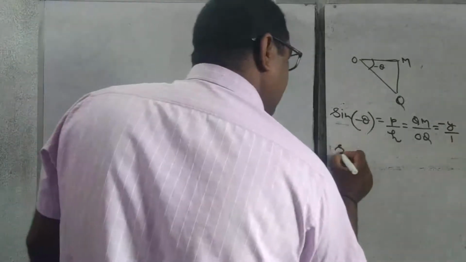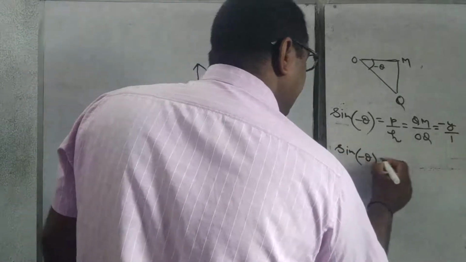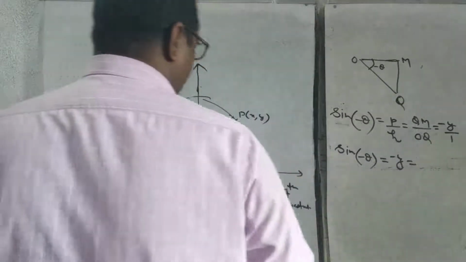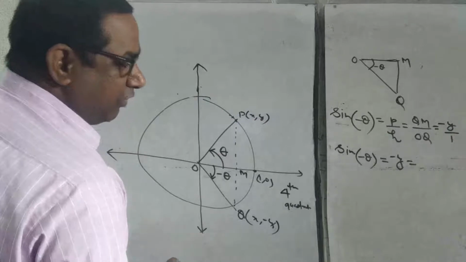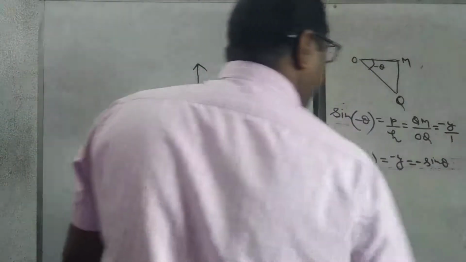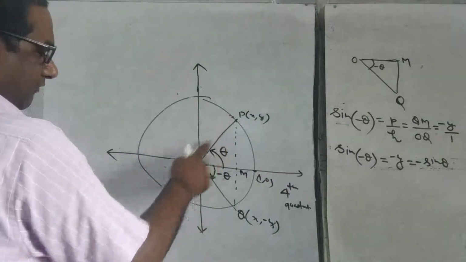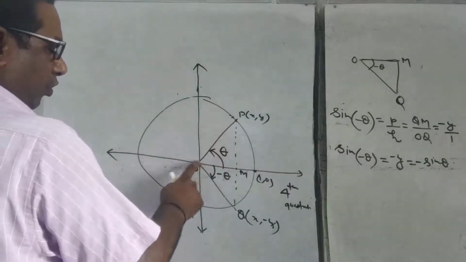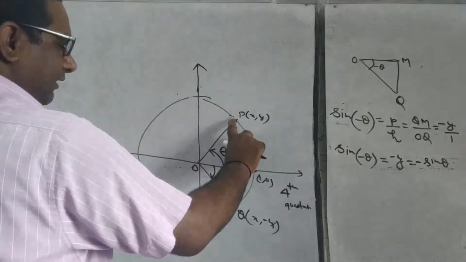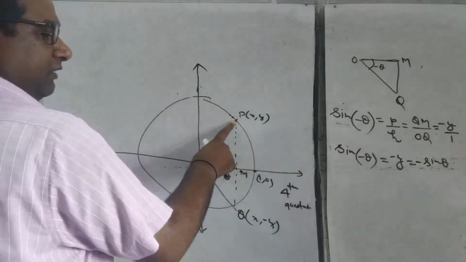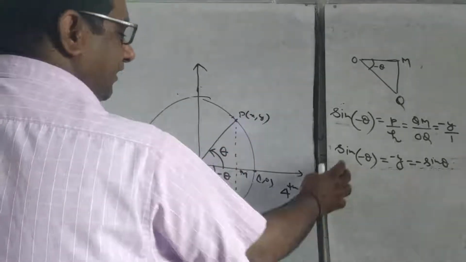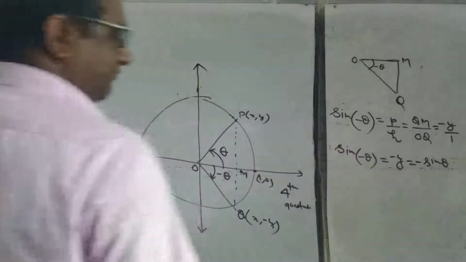So sine minus theta is equal to minus y, which is equal to minus sine theta. Why minus sine theta? Because if you find the value of sine theta from triangle OMP, then sine theta is equal to PM by OP. So sine minus theta is equal to minus sine theta.